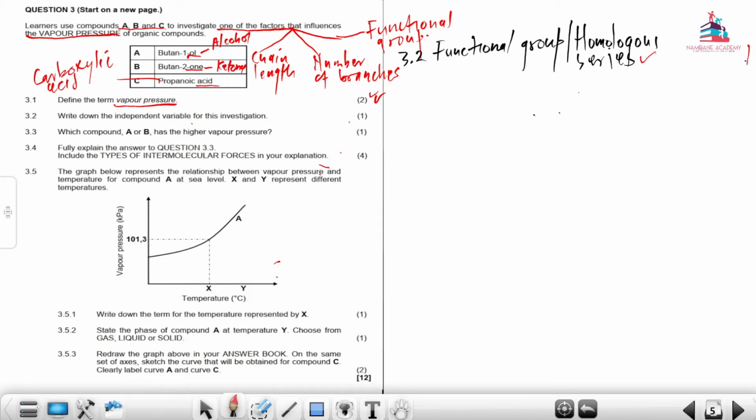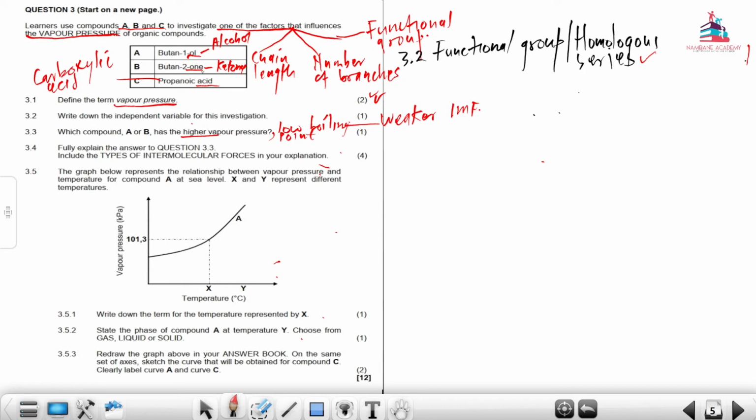Then we go to 3.3. Which compound, A or B, has a higher vapor pressure? So higher vapor pressure means low boiling point. So what do I need to look for? Weaker intermolecular forces. So between A and B, which one has weaker intermolecular forces?